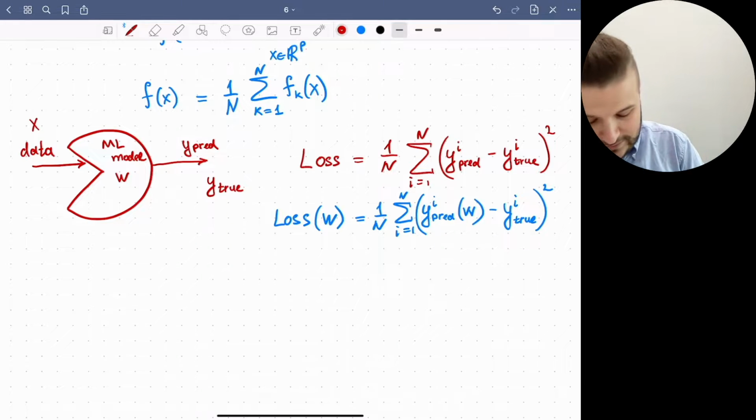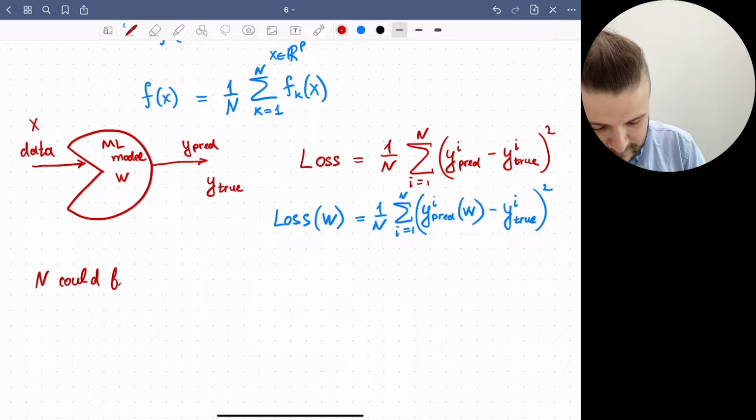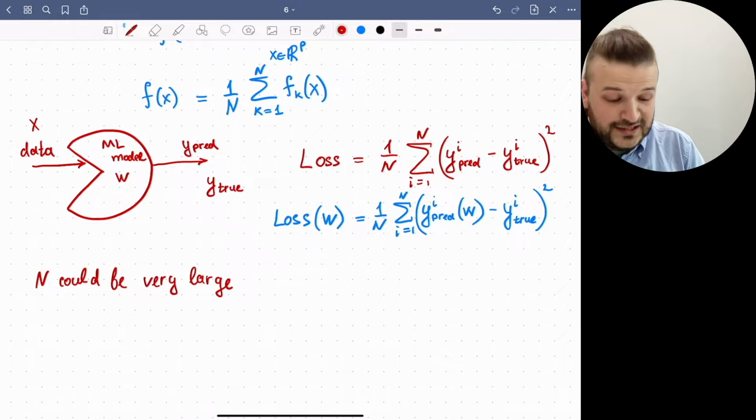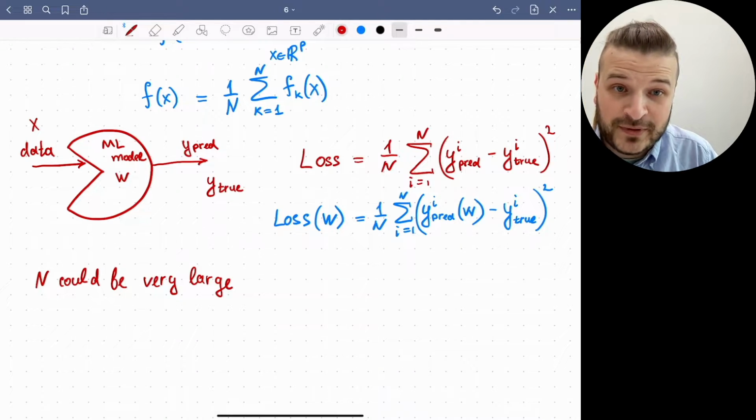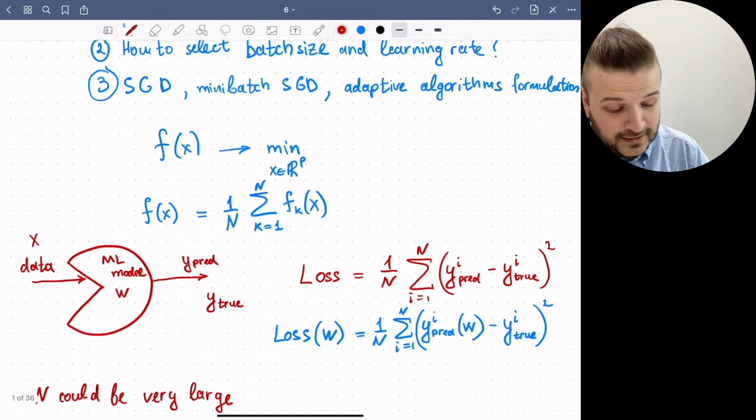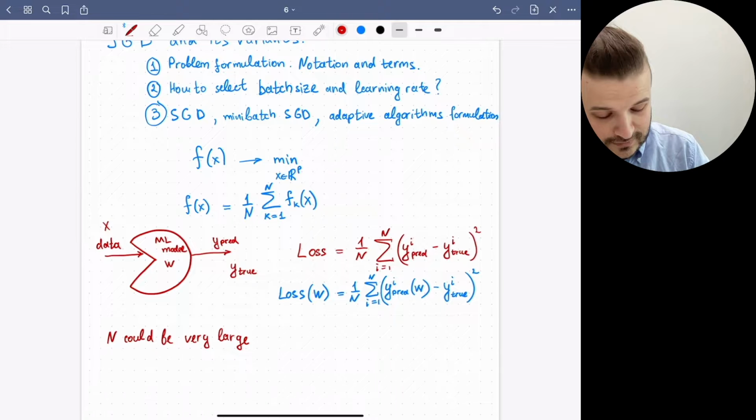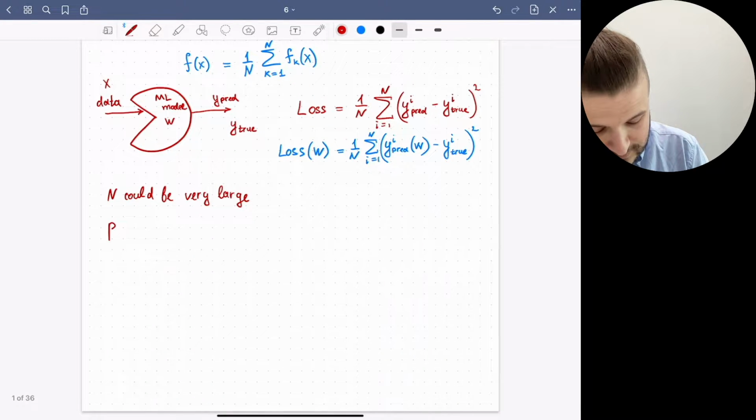For example, n could be very large, as well as the number of parameters, let's say p, could also be very large.